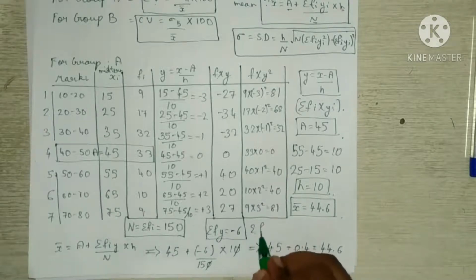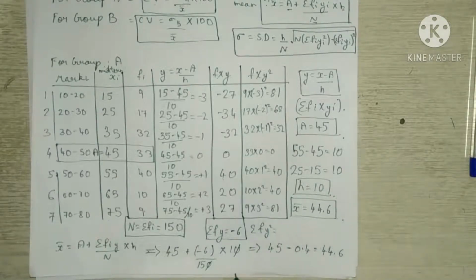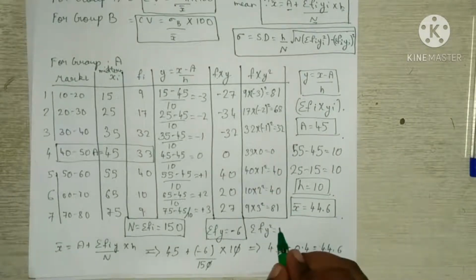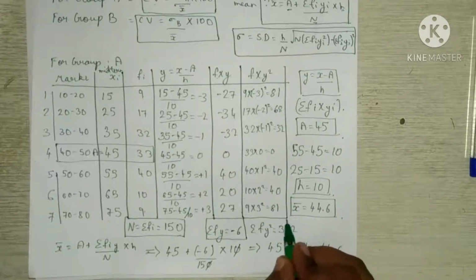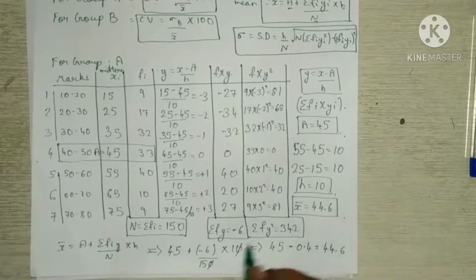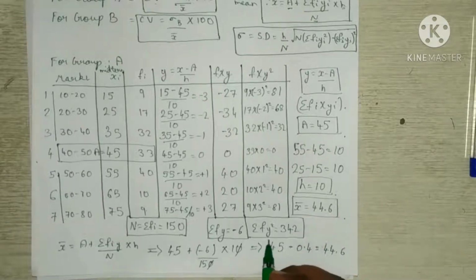Okay, summation fy square is equal to, add everything. By adding everything you will obtain 342. You got summation fy square.